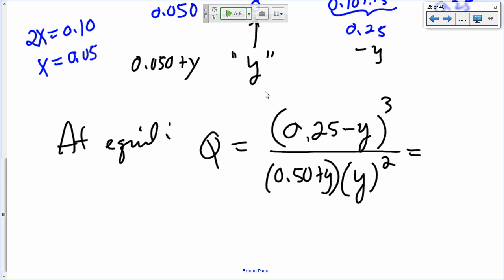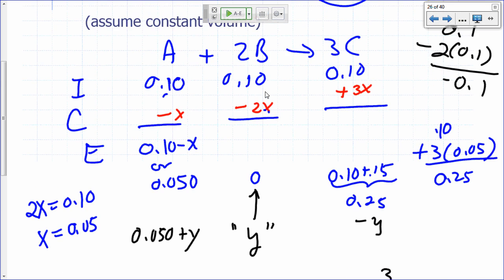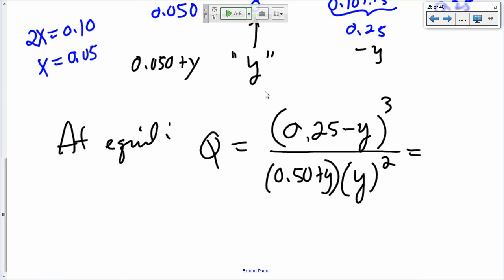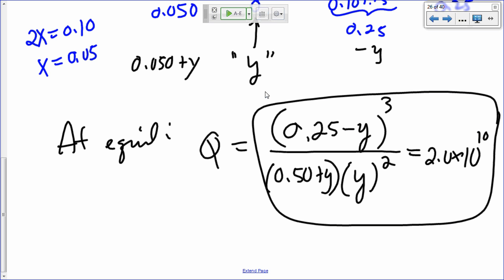And that's equal to Keq, which at equilibrium is equal to 2.0 times 10 to the 10. Can I solve for y here? Should you be expanding your numerator? The bottom should be 0.05. 0.050? Okay, I'm sorry. 0.050 plus y.